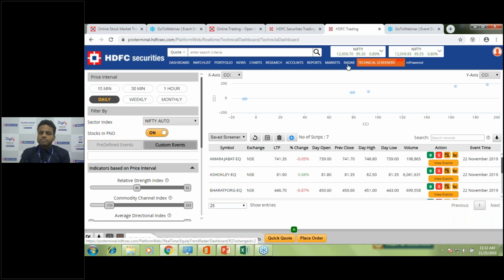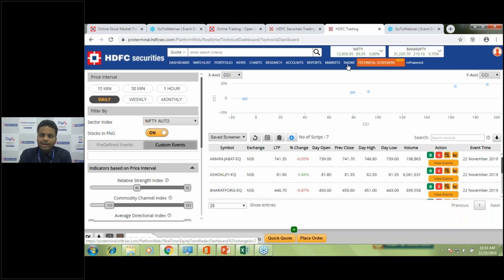In order to avoid manually searching the entire market, you can use the technical screener to find a few stocks based on the indicators and moving averages. Again, there will be a few issues in this also: sometimes you will not be able to get a particular stock for a shorter time frame.